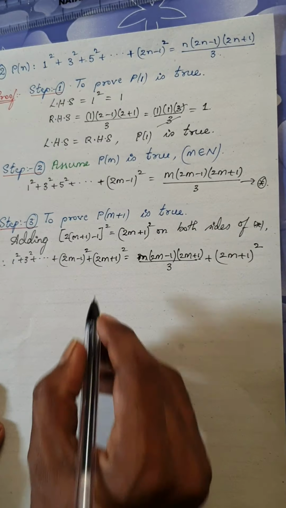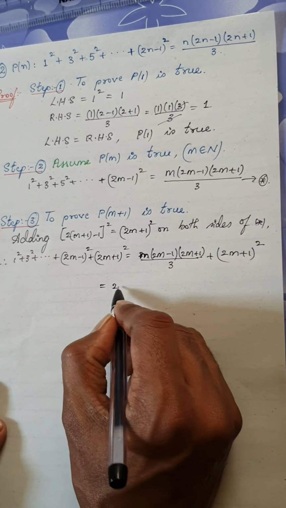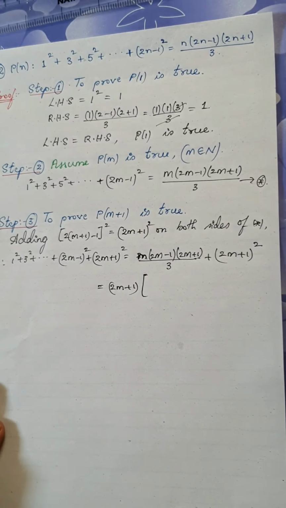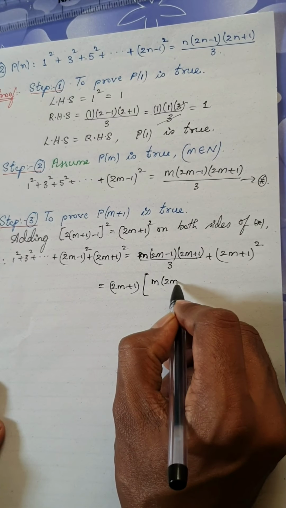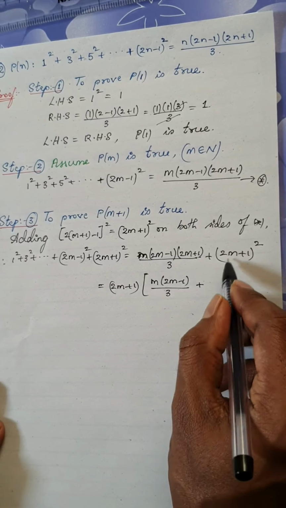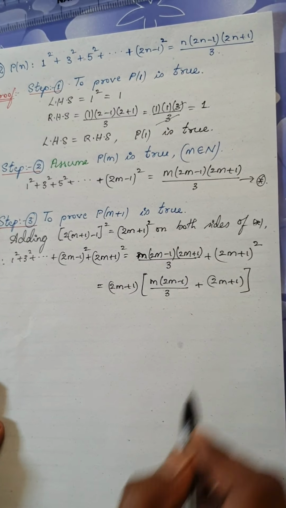Okay, so what happens is, in both the terms I can take the term 2m plus 1 common. If you take that term common, in the first term I am left with m into (2m minus 1) divided by 3, plus, from the second term, I'll get 2m plus 1.